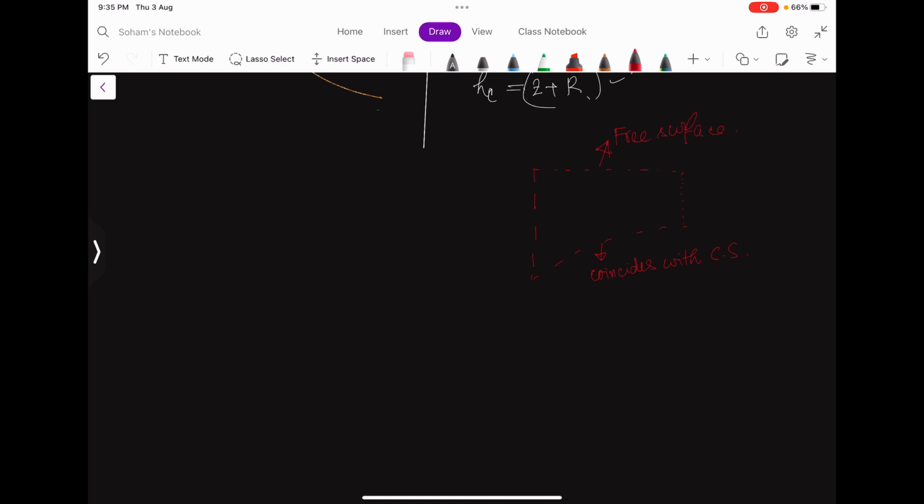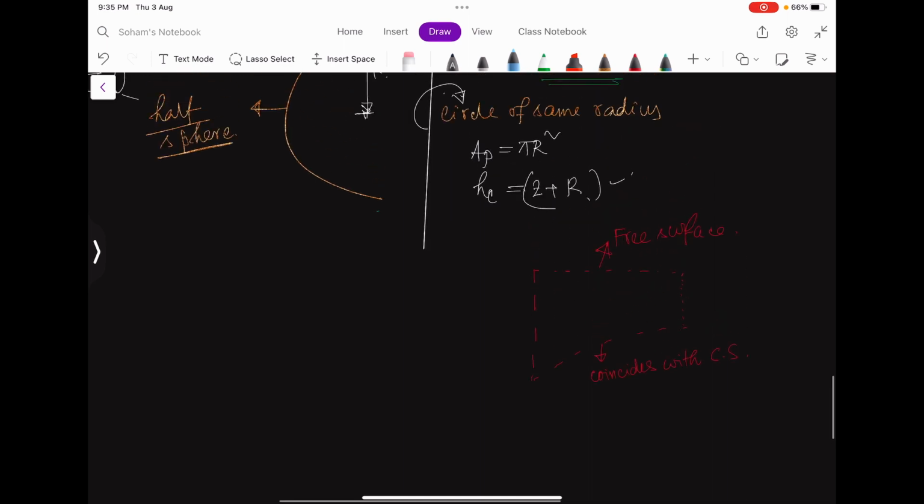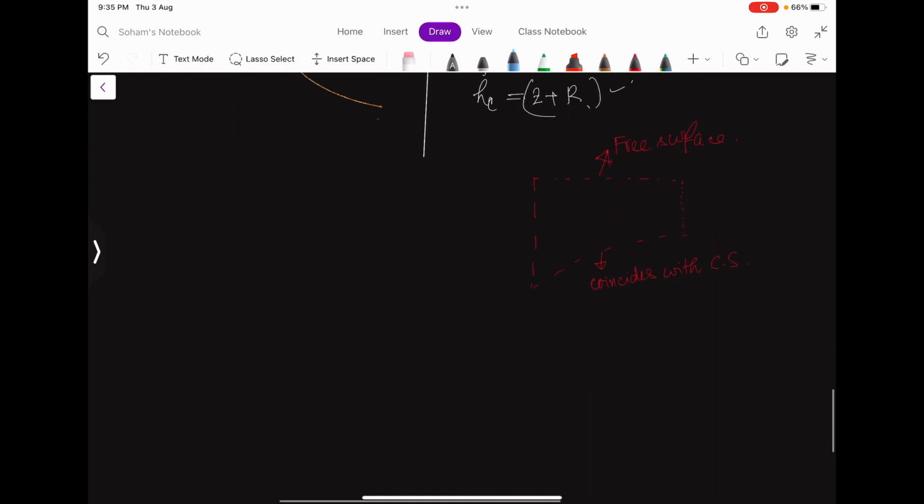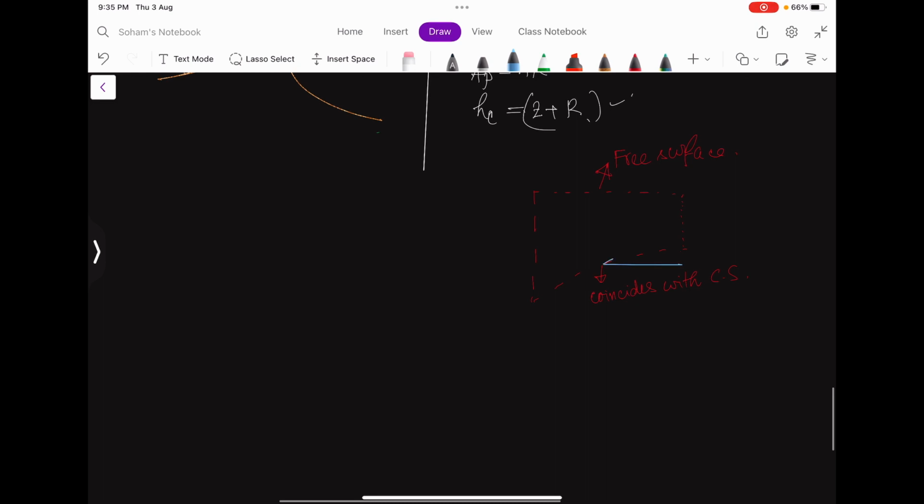Again I am considering the same forces, the forces which are applied by the curved surface on this fluid mass. So again I can have this much FH, and let us say this will be the FV.